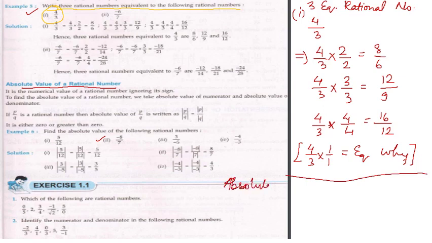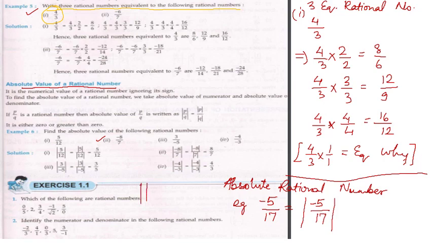Absolute value of a rational number. Example, if I write a rational number as minus 5 by 17 and you have to write its absolute value, it means first we write the given rational number in mod: minus 5 by 17 inside two parallel lines.